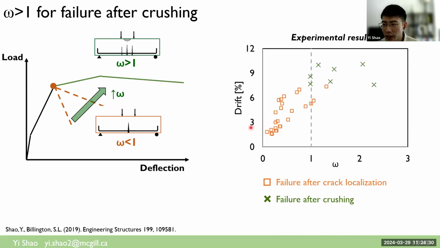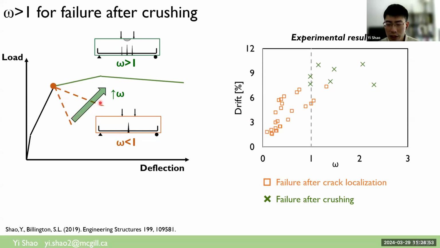Here, we are showing the drift capacity, which is the mid-span deflection divided by the shear span length, compared against the omega ratio. As we can see here, when the omega is very small, the beams are expected to fail rapidly after crack localization. So the beam will have a small deformation capacity, which is here.